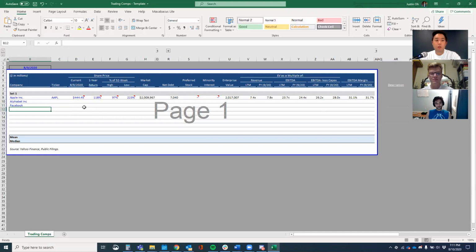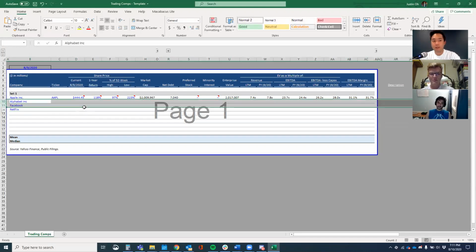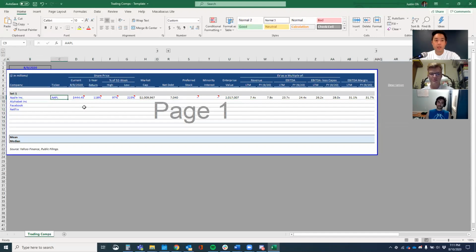It depends on what you're looking for. If you're trying to do phone manufacturers, you might go Samsung and LG. But if you're doing big software companies, it might be Alphabet, Facebook, maybe Netflix, maybe a couple other ones, right? So the whole point is to have a quick sheet in the industry.